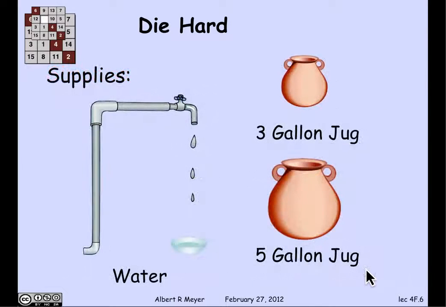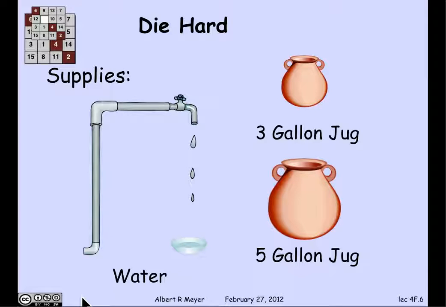Okay, so let's think about formalizing this as a state machine to see what's going on. But first of all, to understand the specification informally, there is a 3-gallon jug and a 5-gallon jug that are capable of holding water, and an unlimited supply of water that you can get from the fountain. And then the basic moves that you can make.